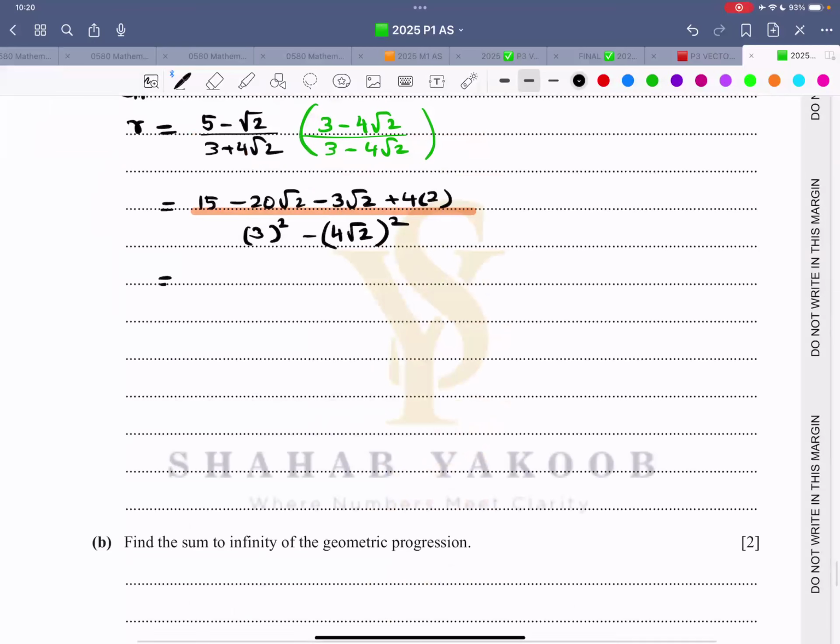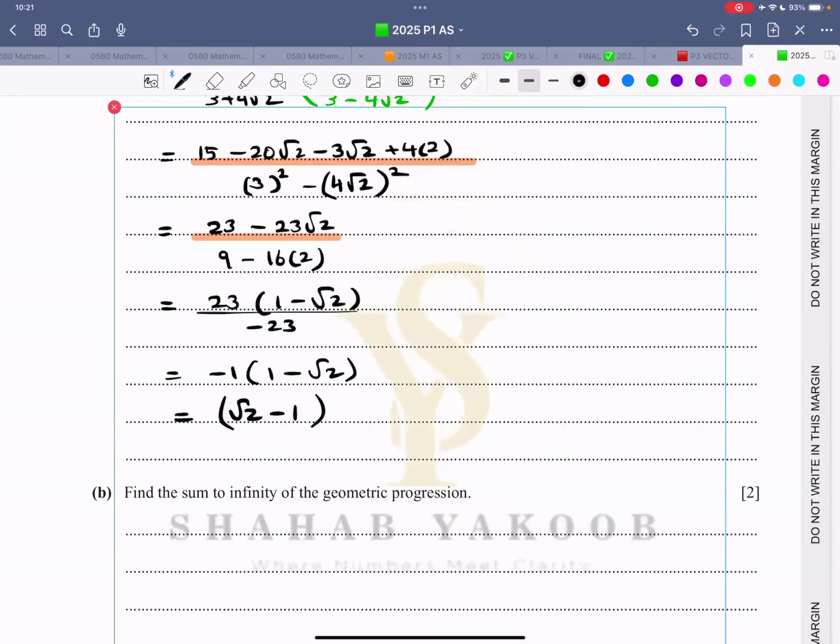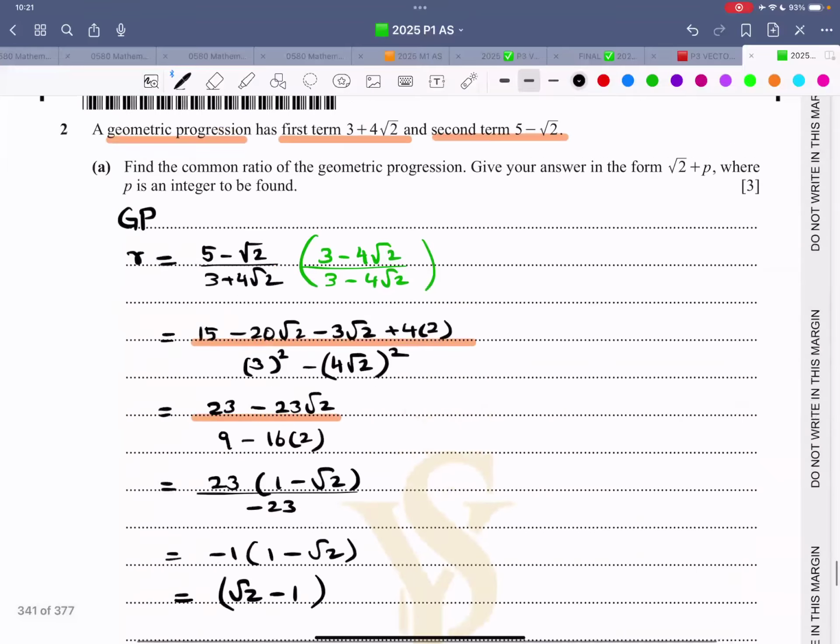So now this is 15 plus 8, that's 23, minus 23 root 2, and the denominator is 9 minus 16 into 2. So 9 minus 32, that is negative 23. So 23 at the top, (1 minus root 2) divided by negative 23. So that is negative 1 into (1 minus root 2). That is root 2 minus 1. So that is what you got as common ratio.